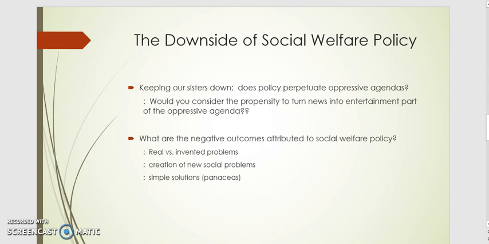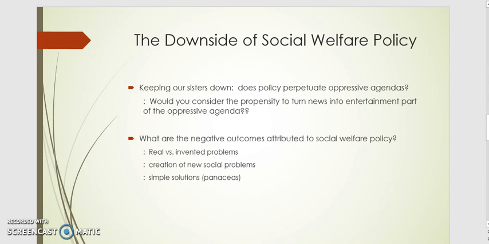So ask yourself, in an era of information that is flashed before us on TV or on the internet, is it possible to have the time, energy, and resources to thoroughly examine social policies for their broader effects? And if not, what would be required to make it possible to do that?